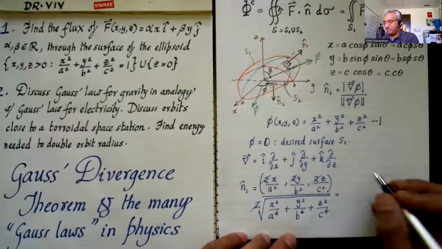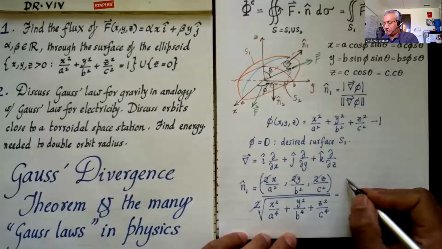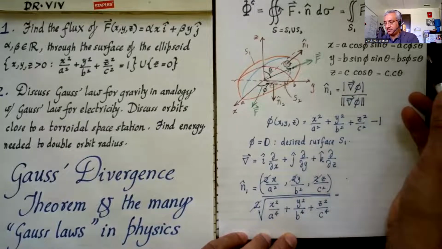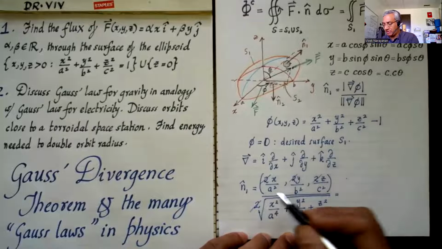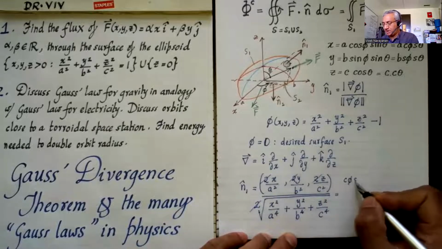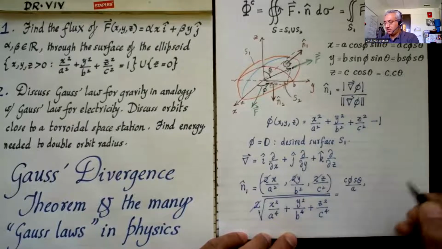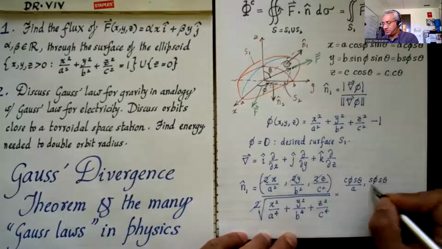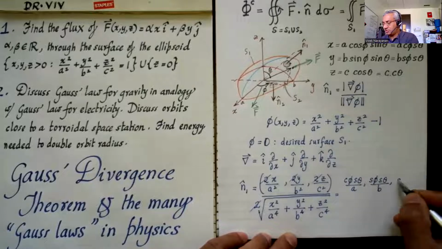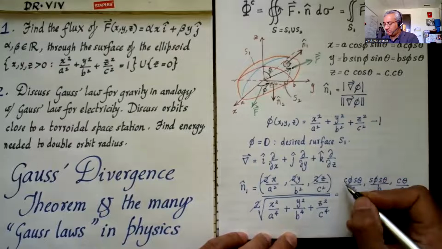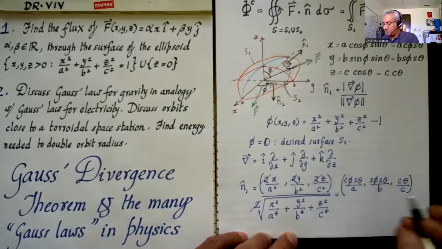When I put x equals a cosine phi sine theta, the one factor of a will cancel out. So I'm going to get cosine phi sine theta over a. Similarly, I get sine phi sine theta over b, and then cosine theta over c. Please don't be tempted to cancel out the c's here. That's cosine theta, and that's the number c. That's the slight danger with this notation.